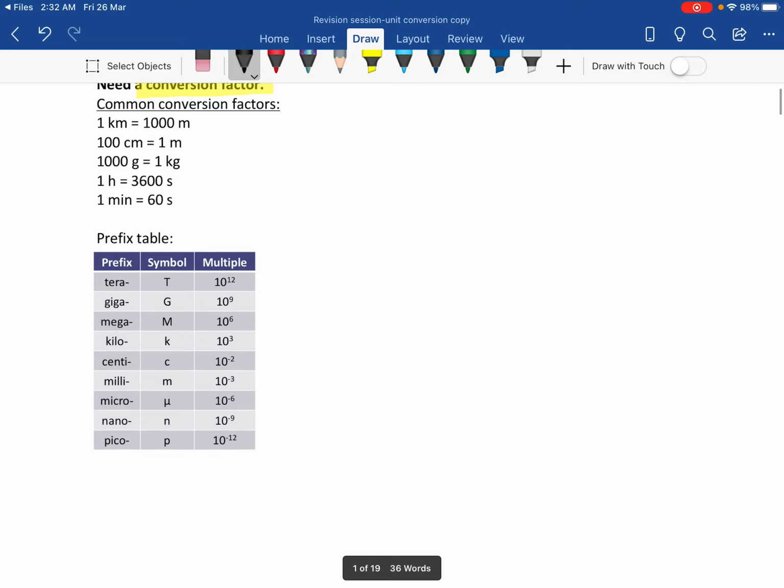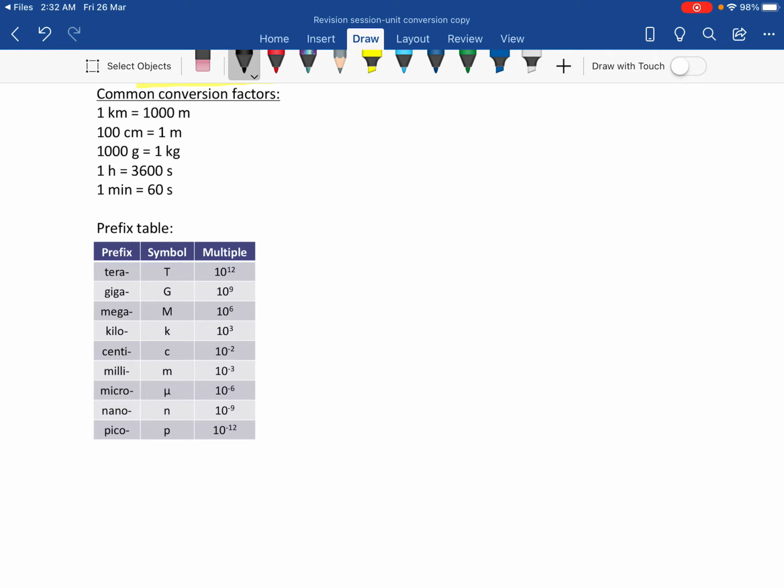So for example, you are given, say, 20 micrometers. The prefix micro here tells us that you replace this symbol micro with 10 to the minus 6.